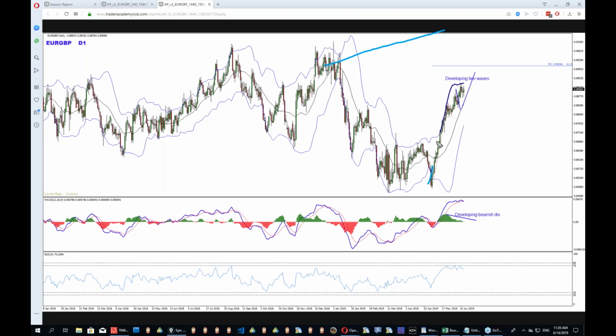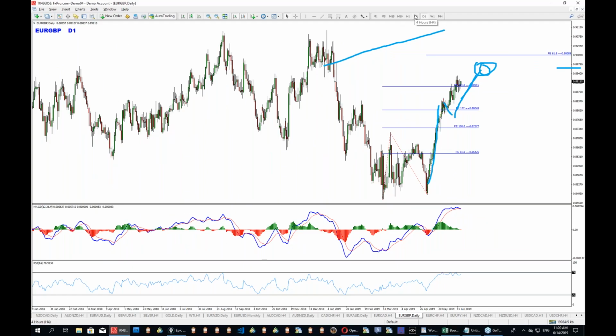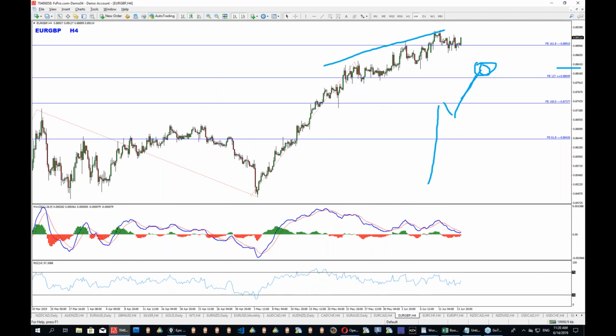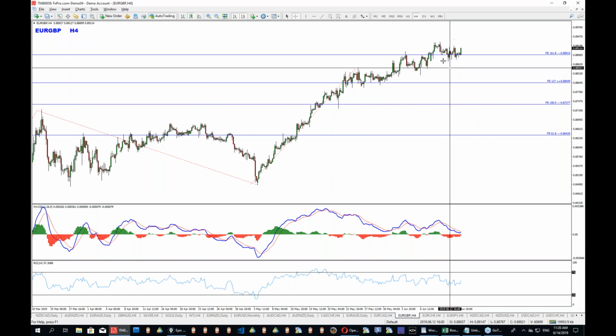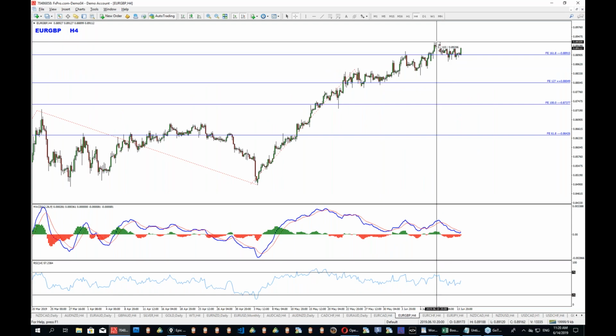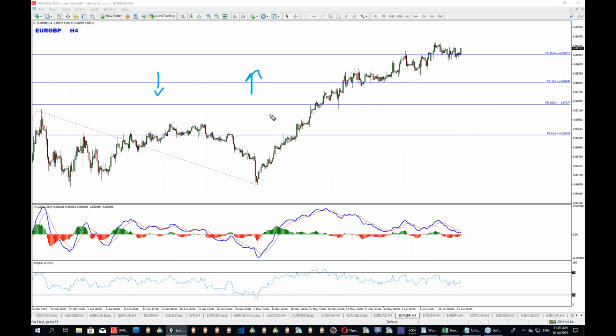So basically that's the one showed, and that's the final target of this cycle right here, 61.8, which means we still have room based on that to continue higher. And whatever we do, we might be looking for buy opportunities or try to catch sells during the pullbacks. Sells would be aggressive, buys would be more conservative.